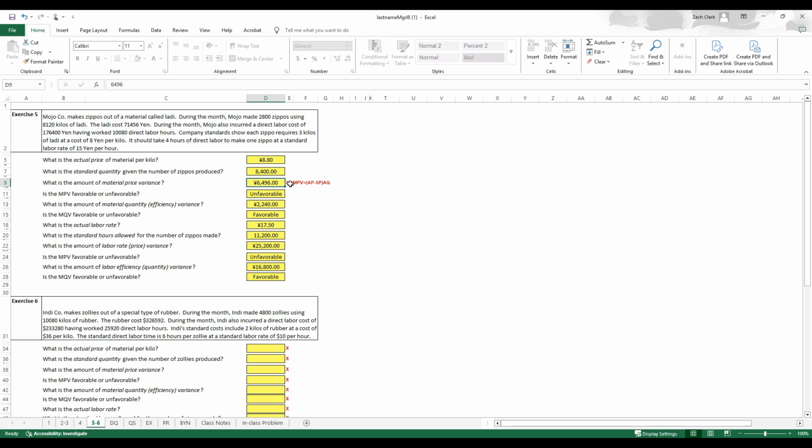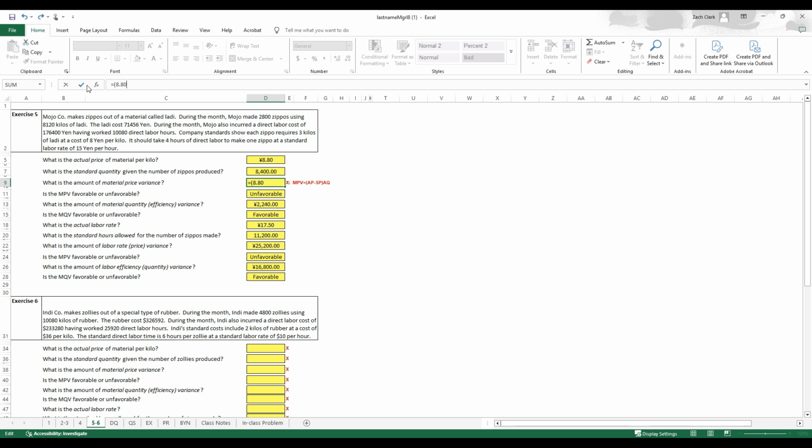So the MPV, it's AP minus SP times the AQ. I'm just going to go back and make sure my inputs all look accurate there. So AP minus SP, and let's just do the formula of it. The AP is 8.80.